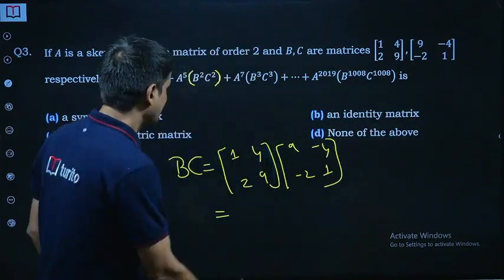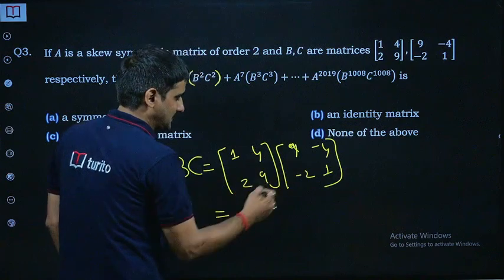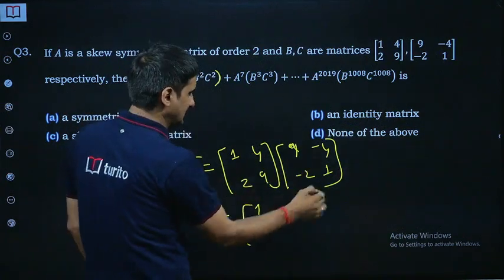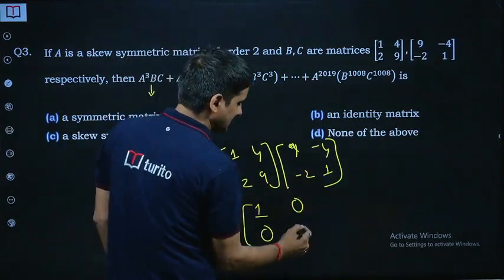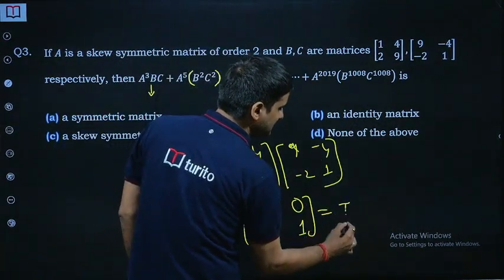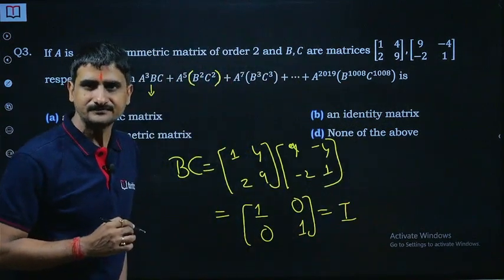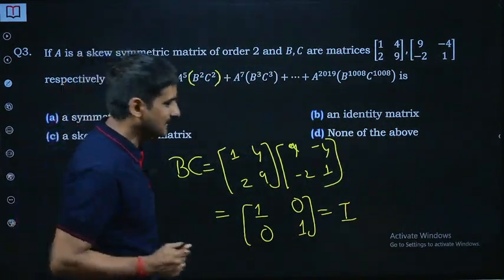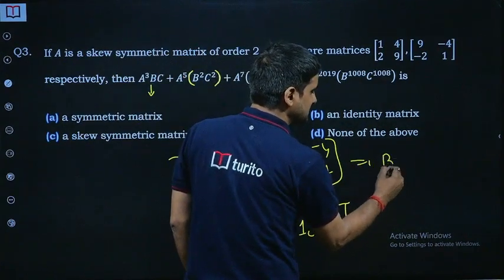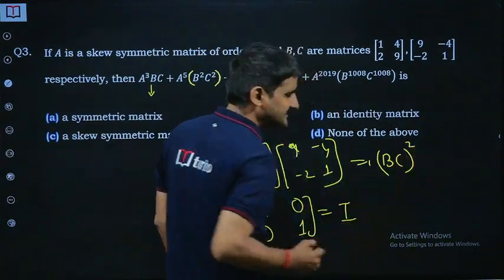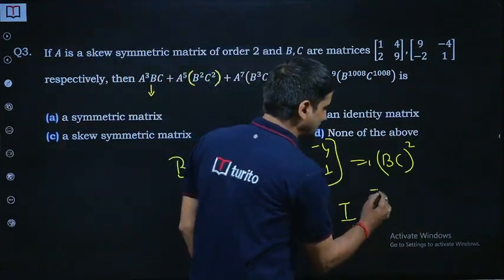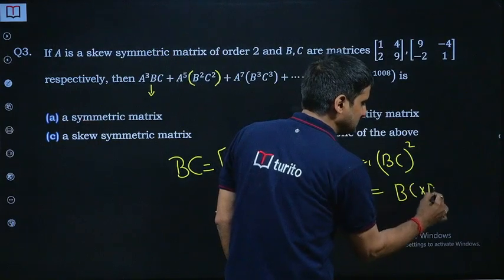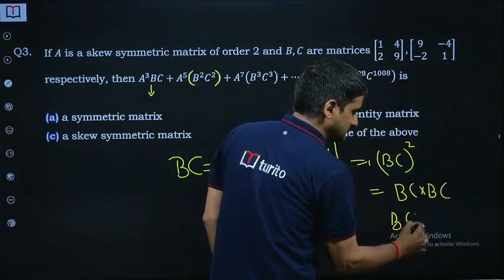So solve it: 9 minus 8 is 1, then minus 4 plus 4 is 0, then 18 minus 18 is 0, and then minus 8 plus 9 again 1. So that's an identity matrix. That means BC whole square is also an identity matrix, so BC and CB have to be I. So you can write it as BC into BC.